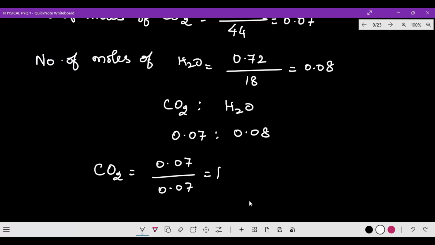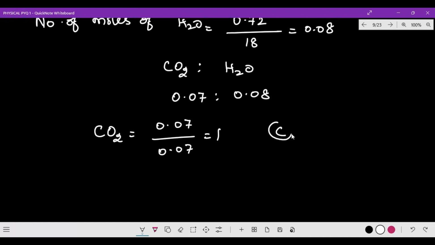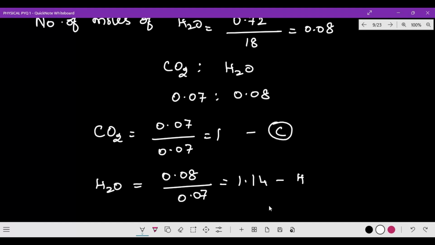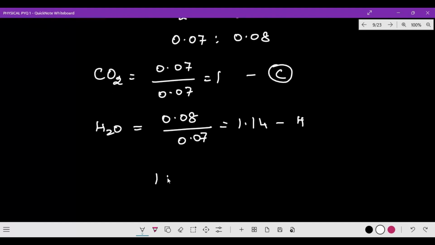Carbon dioxide, 0.07 divided by 0.07, gives 1, so carbon is 1, because we are following a hydrocarbon. For water, 0.08 divided by 0.07 gives 1.14, and this is hydrogen. So the ratio is 1 to 1.14.